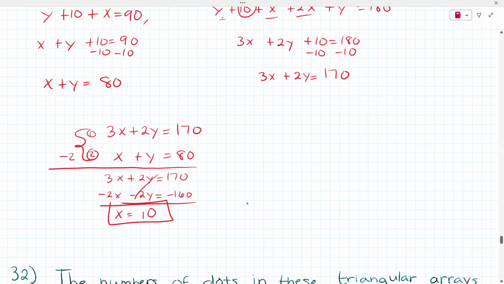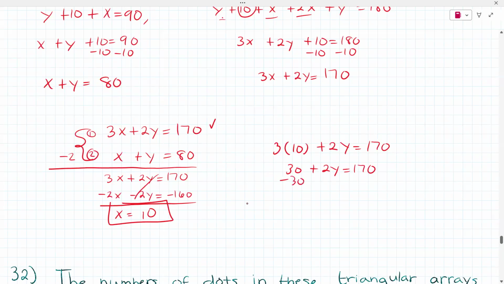Now let's solve for y. You could plug your x into this one equation. So it's 3 times x plus 2 times y equals 170. 3 times 10 is 30, plus 2y equals 170.